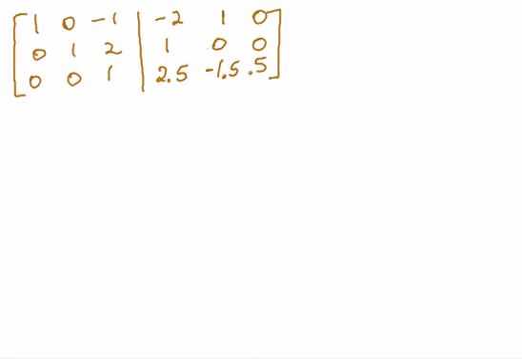All right, so here we are. Let's start with this negative 1 up in the top. We want to turn that into a 0. It looks like the best way to do that is to add row 1 and row 3. So I'm going to do row 1 plus row 3 to get a new row 1.